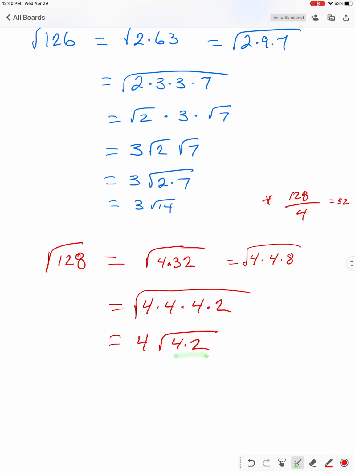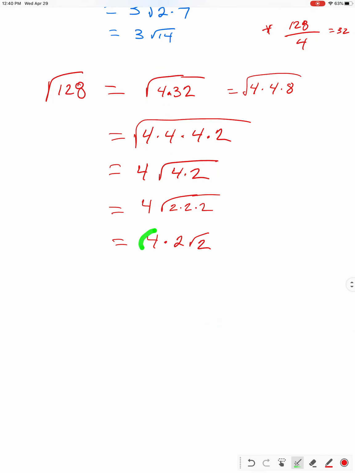But then I could write 4 times the square root of 2 times 2 times 2, because remember that 4 is the same as 2 times 2, and I could do that one more time then and have 4 times 2 times the root of 2.